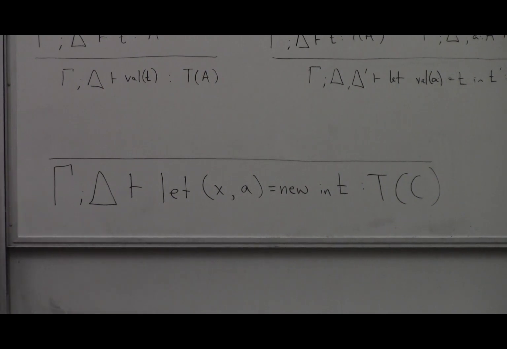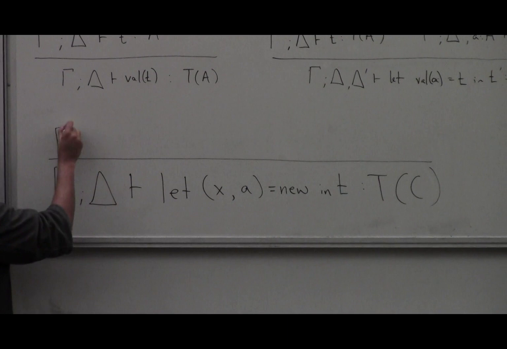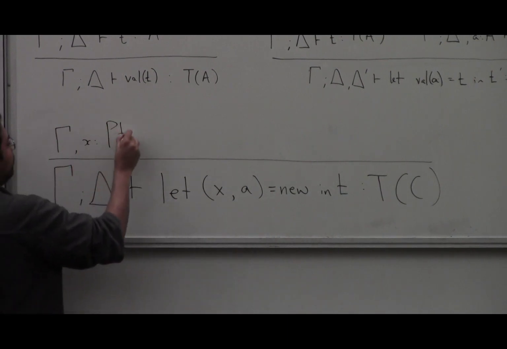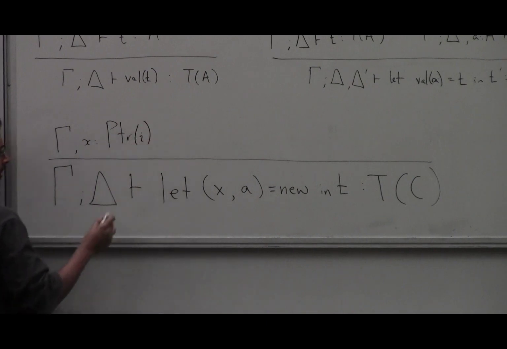So what we're going to do now is give some rules for this monadic type that don't mention any of the other connectives except for a pointer. Pointer of I.